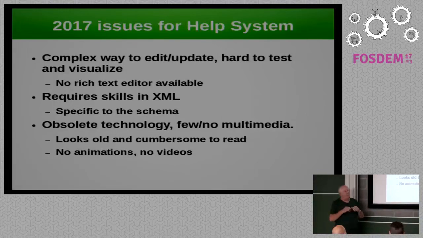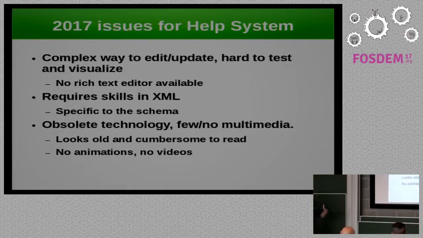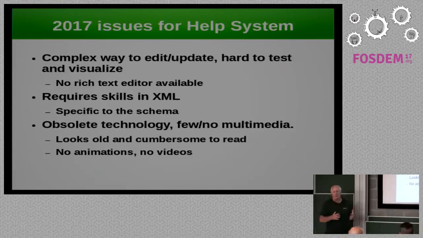The problem is you need quite a lot of skills in XML and the specifics of the schema to understand what the help content is. So for end users and for people that want to collaborate, there is quite a steep entry barrier to start writing help files.